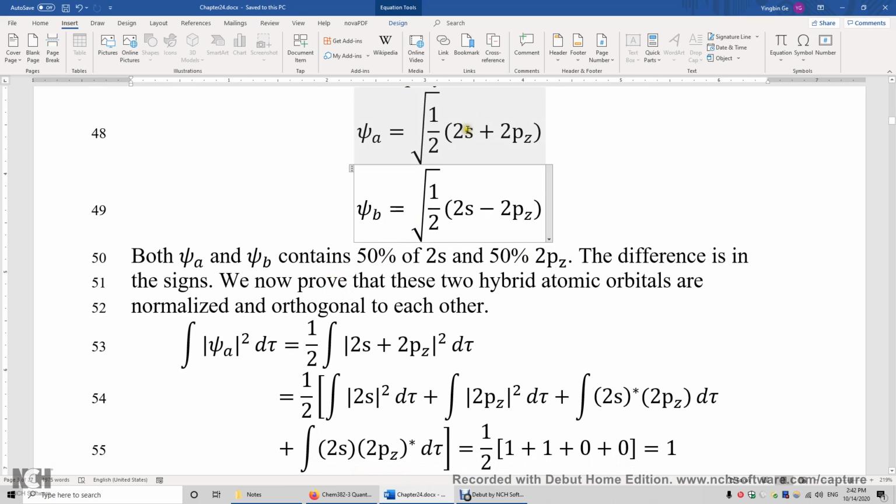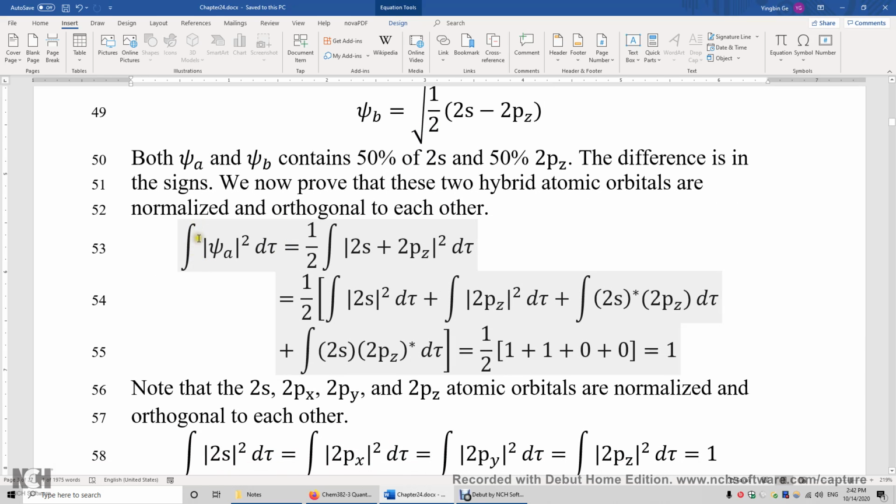We can prove these two wave functions are normalized and orthogonal to each other. So first, let's prove this one is normalized. We take the integral of the squared modulus of this wave function. We do this derivation. The result is 1. It's normalized.